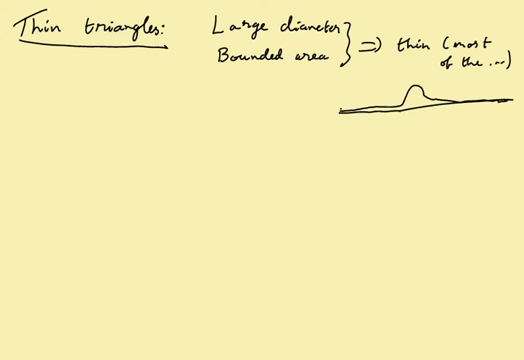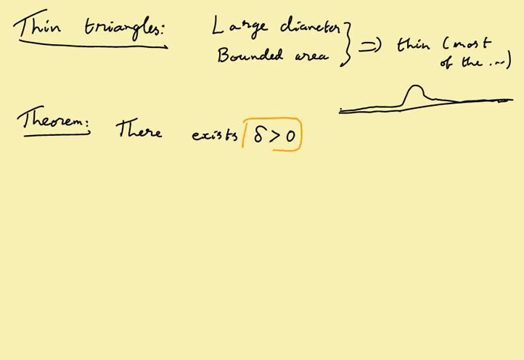Here's the thin triangle theorem. There exists delta greater than 0, and this is, let me emphasize, universal. It doesn't depend on anything. It just depends on hyperbolic space, nothing at all. It's a universal constant as far as hyperbolic space is concerned.